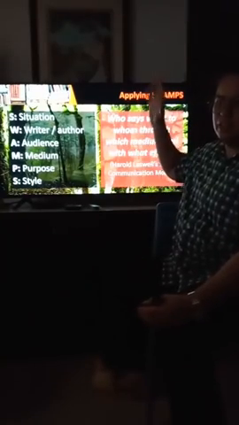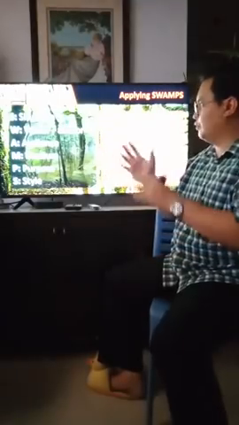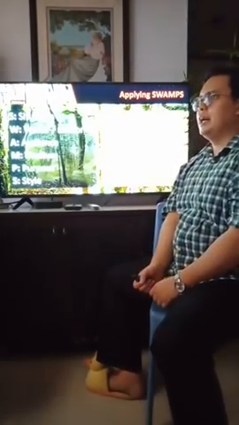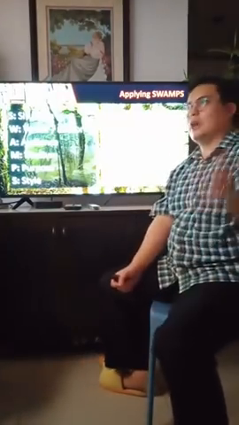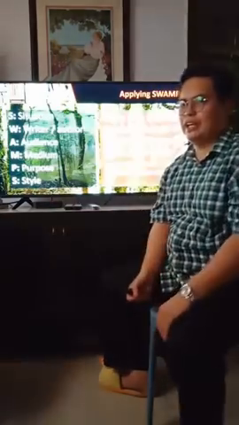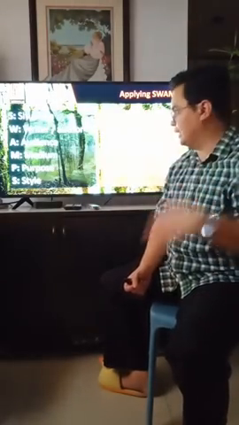These are just words that we can put together to form an acrostic so that it's easier to remember. But basically, SWAMPS is a framework that we can use in order to analyze a certain text or any text at all. As we shall see later on, SWAMPS may be used for basically anything.